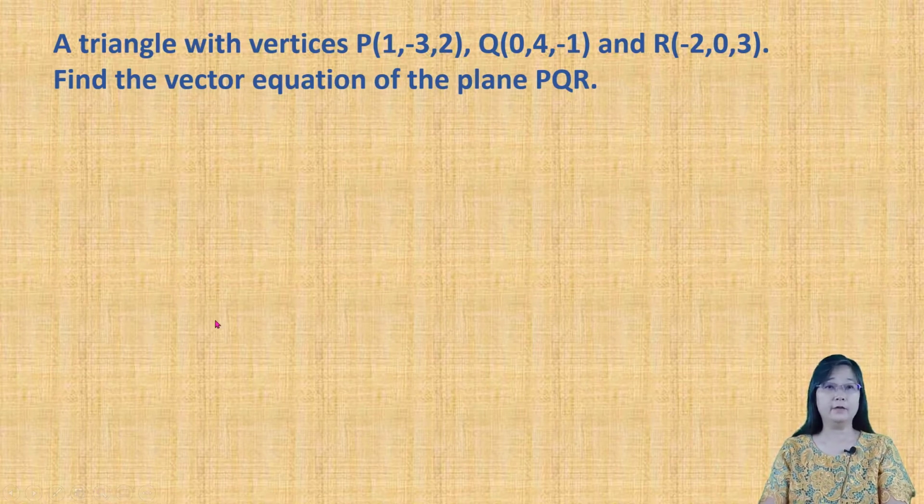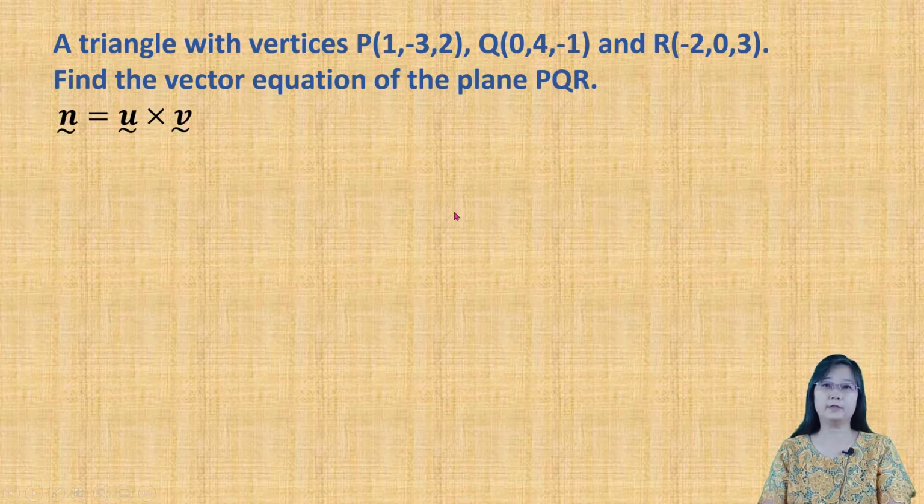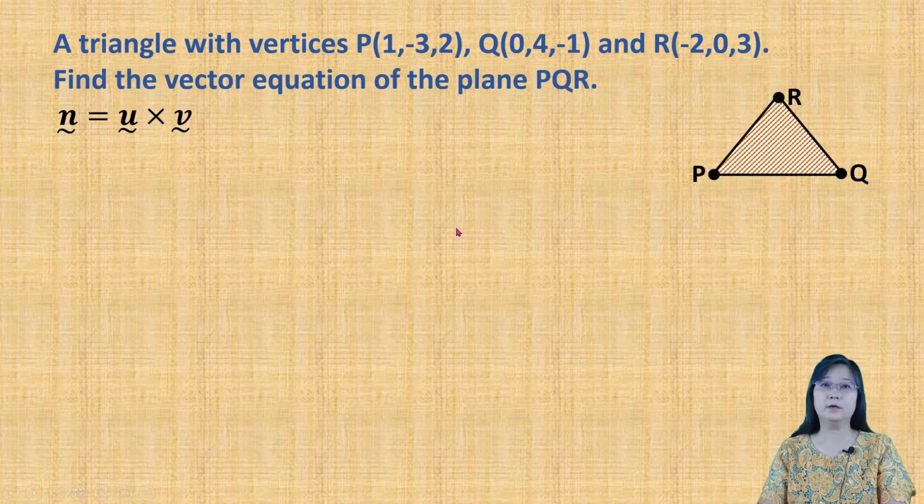Here we are not given any normal vector, so we need to find any 2 direction vectors such that when we multiply the 2 direction vectors, we will get one normal vector. In this question, we are given 3 coordinate points as the vertices of the plane.